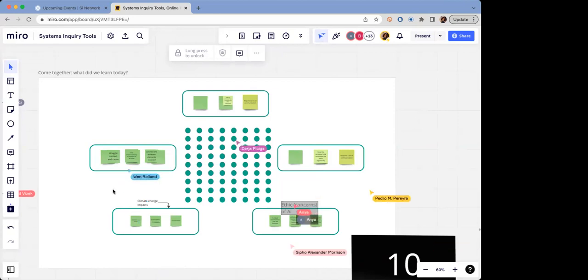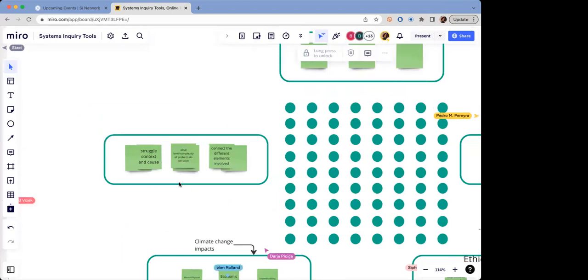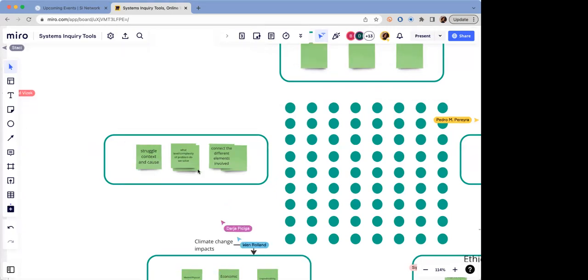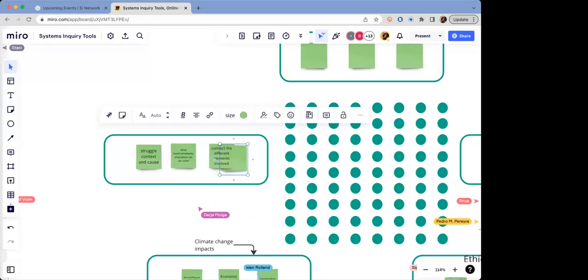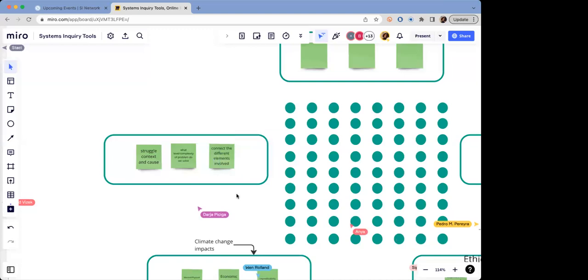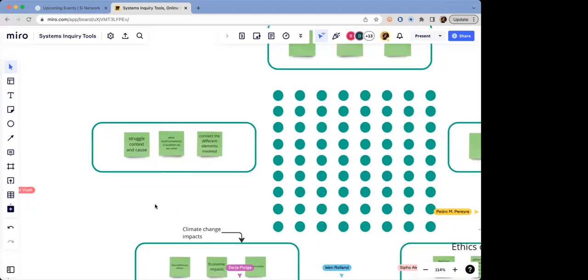So we were talking about food waste in the household. We had a bit of a struggle identifying the difference between what's cause and what is context. Some of the elements we were discussing could be placed in both. So Yasmin stepped in and helped us identify the difference between them.